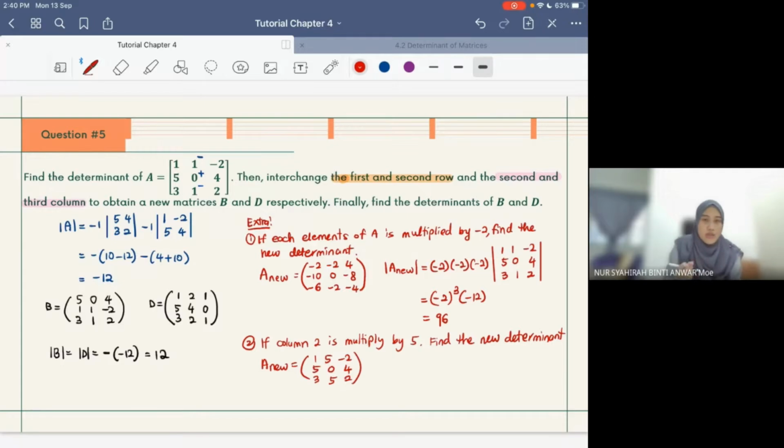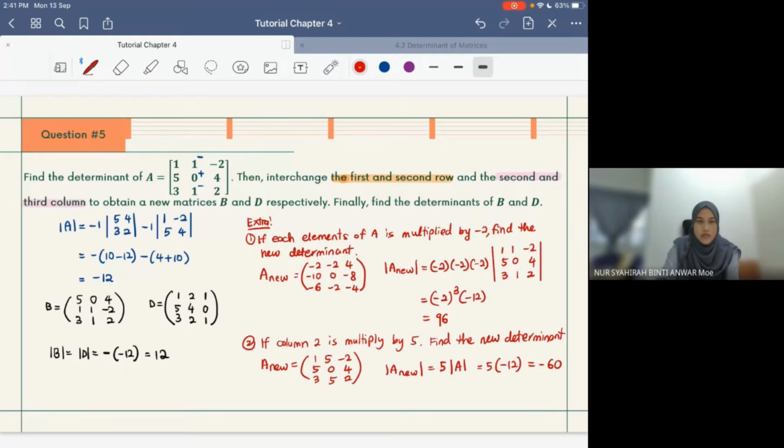So this is our new matrix A. Dan untuk dapatkan dia punya determinant, sebab hanya satu kolom sahaja yang didarabkan dengan constant, kan? Yang lain semuanya akan stay the same, kan? So maksudnya 5 sahaja yang perlu dikeluarkan, difactorizekan, dan kita akan darabkan terus dengan determinant of A. So dia adalah 5 darabkan dengan negatif 12, and the answer that we get will be negative 60.